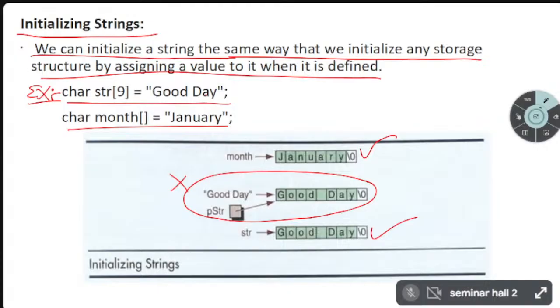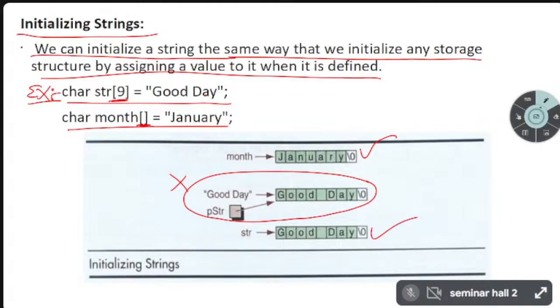See, two differences are there. In the first one the size is mentioned, here there is no size. This is fixed length, this is variable length. It can accept any number of characters. Here we mentioned the array size, here we did not. The first one is fixed length, the second one is variable: vary means change, it can change.